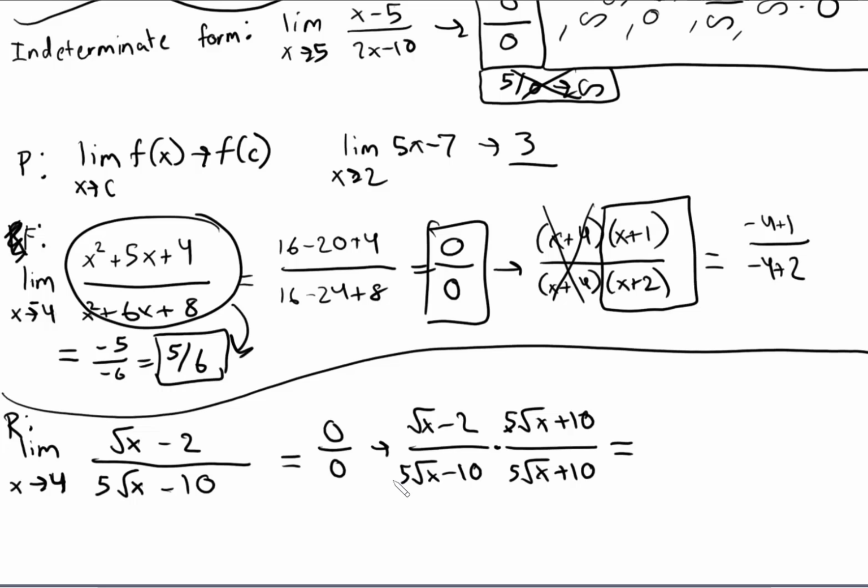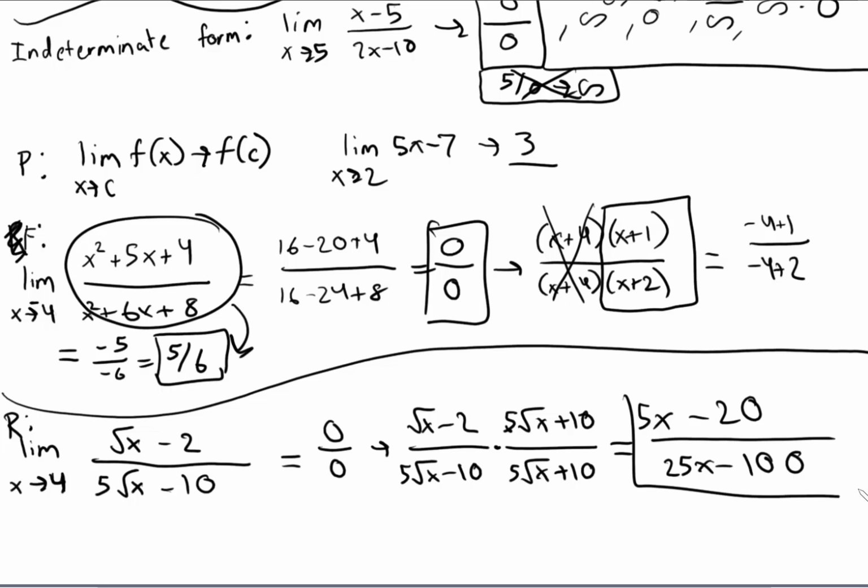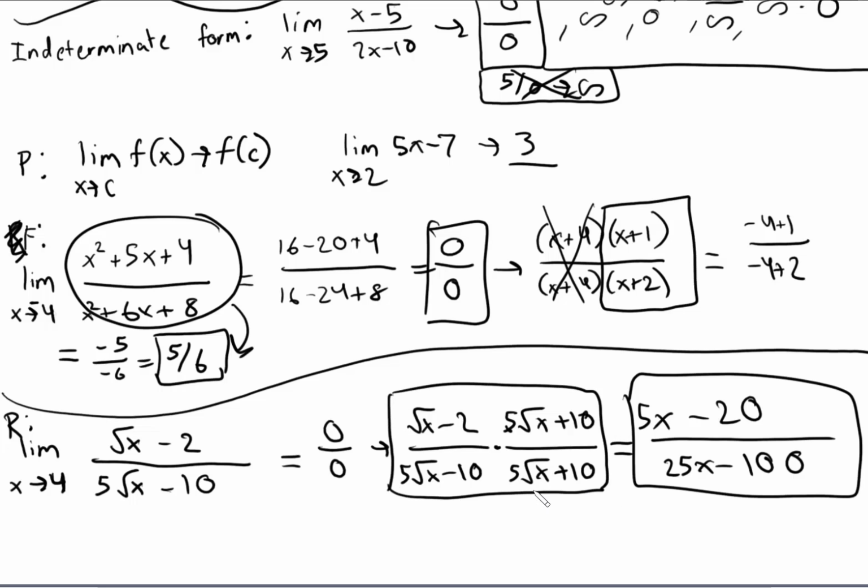Doing the multiplication, you're going to get 25x minus 100. Over here you're going to get 5x, now plus 10 root x, minus 10 root x, which cancels out, and then minus 20. You can use your factoring method once you get to this step, but to get to here, you have to rationalize your function, which is what this method is all about.